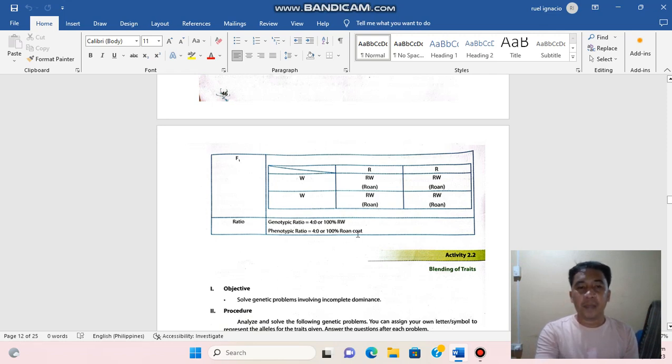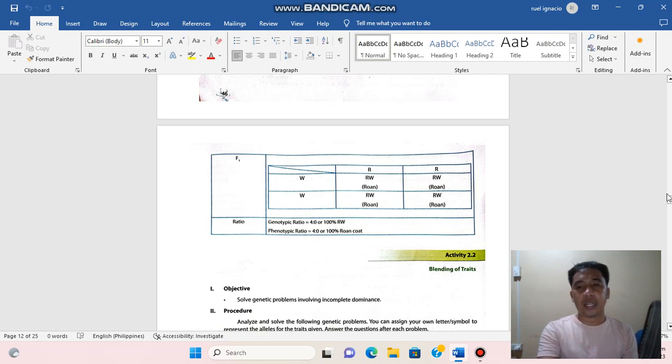Its genotypic ratio is 4:0 or 100% roan because it has the heterozygous red-white color. The same with its phenotypic ratio, as you can see, 4:0 or 100% roan coat, or a combination of the red and the white.